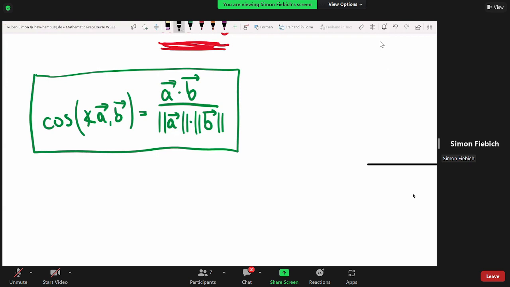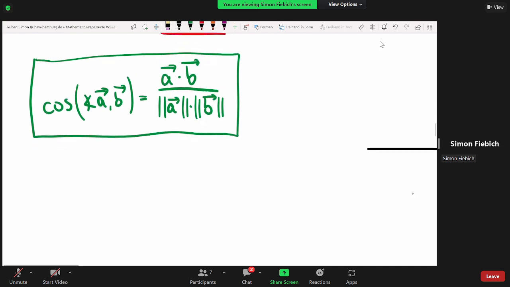So maybe it would be too difficult for all of you to apply just this formula. Of course, be careful that you apply the inverse function to whatever comes out here in order to find the angle.